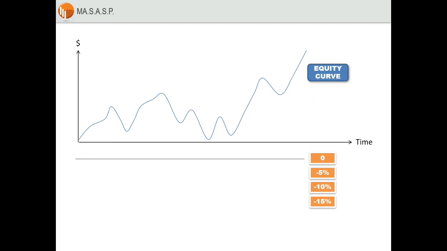Now, let's focus on the drawdown. We have the equity curve plotted here as a blue line on the top chart. That's a satisfactory equity curve, as the equity plotted on the y-axis grows over time.